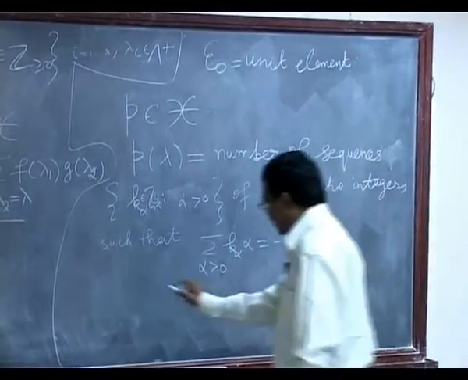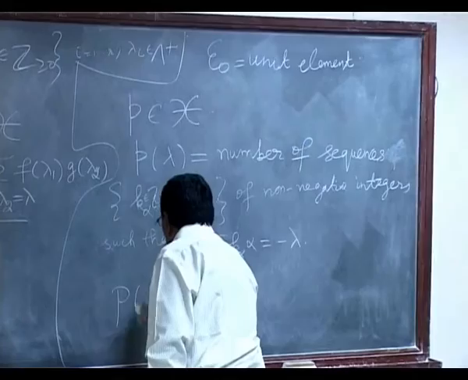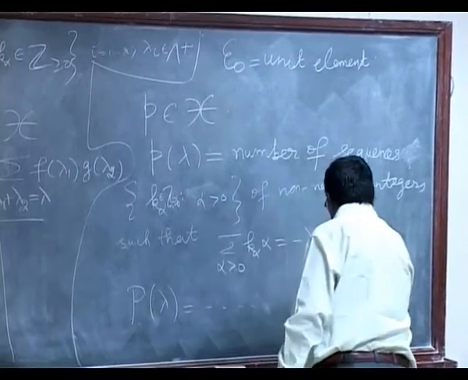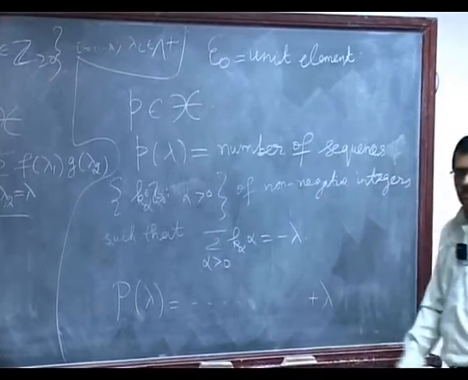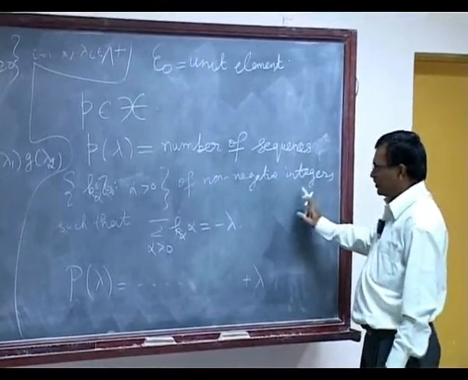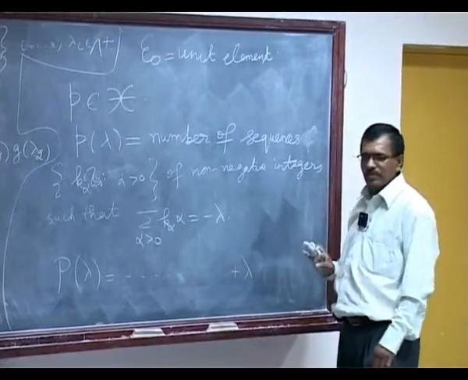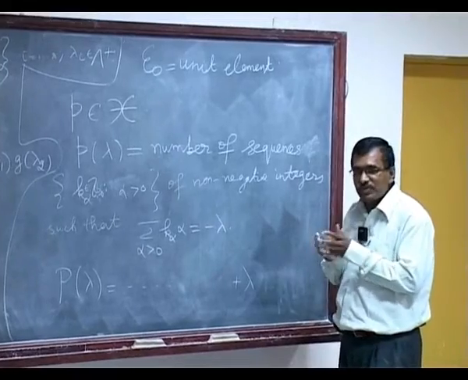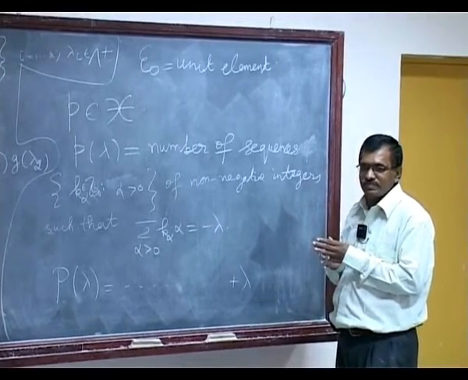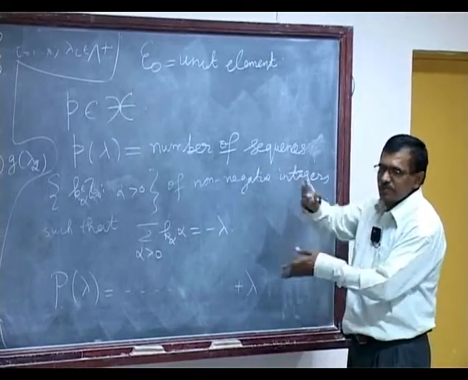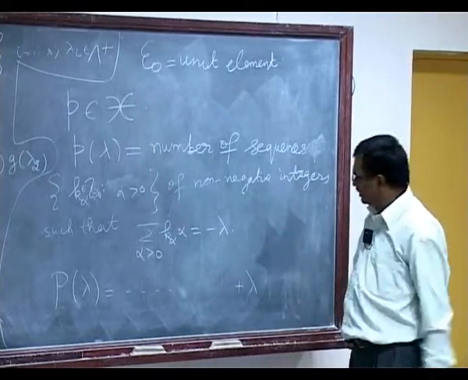Minus lambda, not plus lambda. And capital P is the same thing with plus lambda: the number of sequences of non-negative integers such that this is equal to plus lambda. Capital P is the genuine thing. Of course, there is a connection, they are the same.